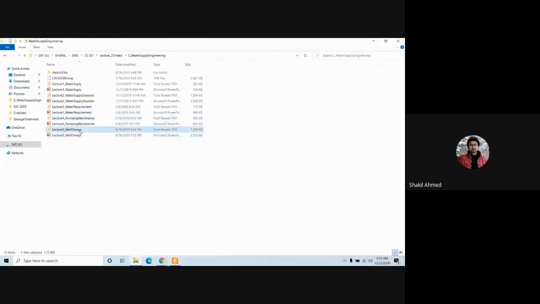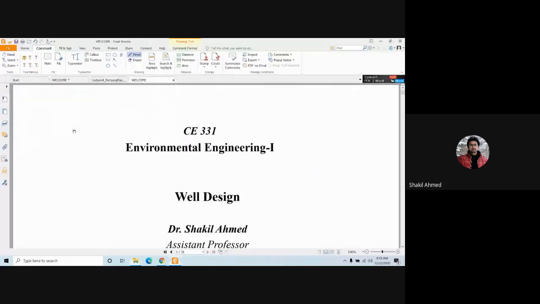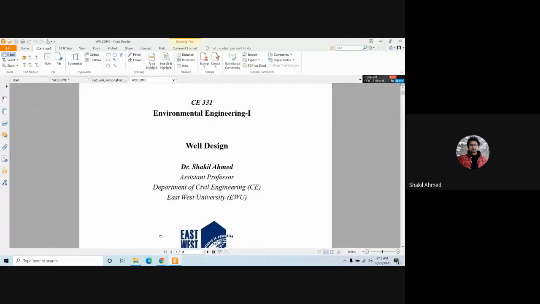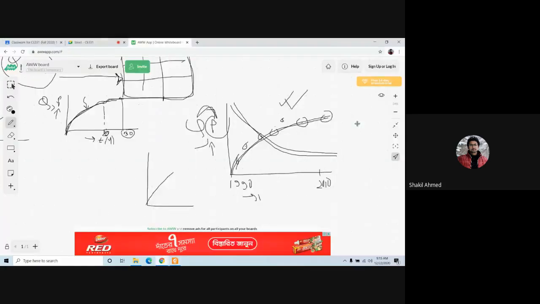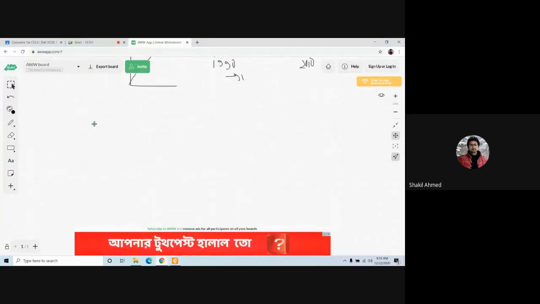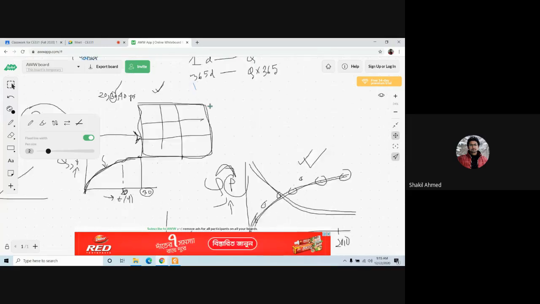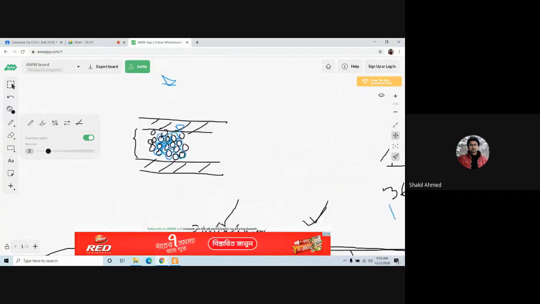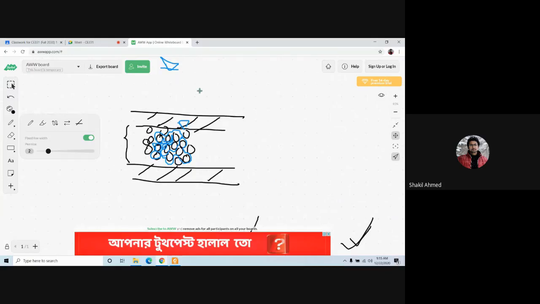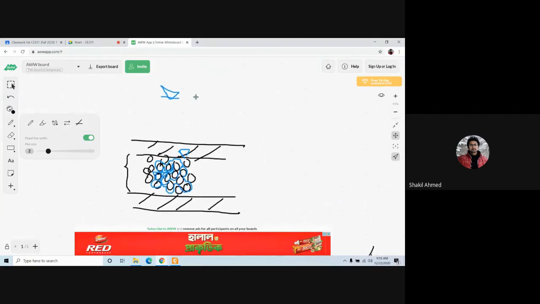Now we'll talk about well design. If you want to extract water from an aquifer, then you need to inject a tube here, right?